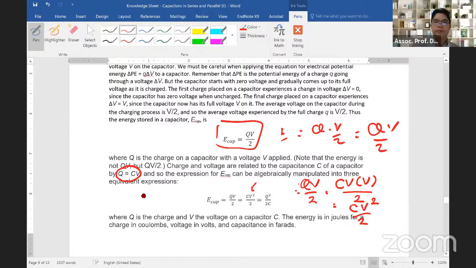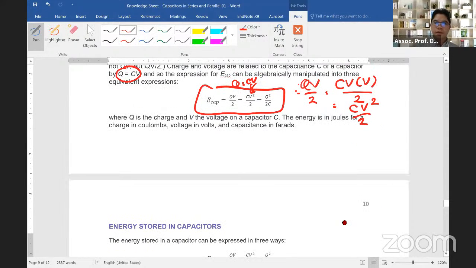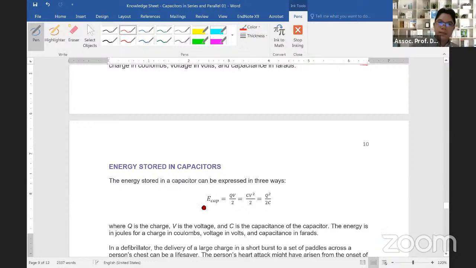Here you use Q equals CV. And there are three equivalent expressions of the energy. So it's playing with the energy.